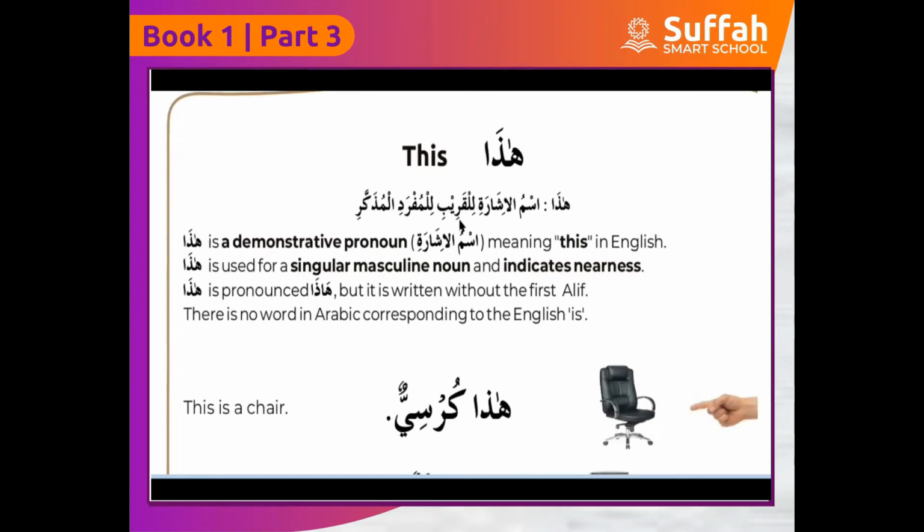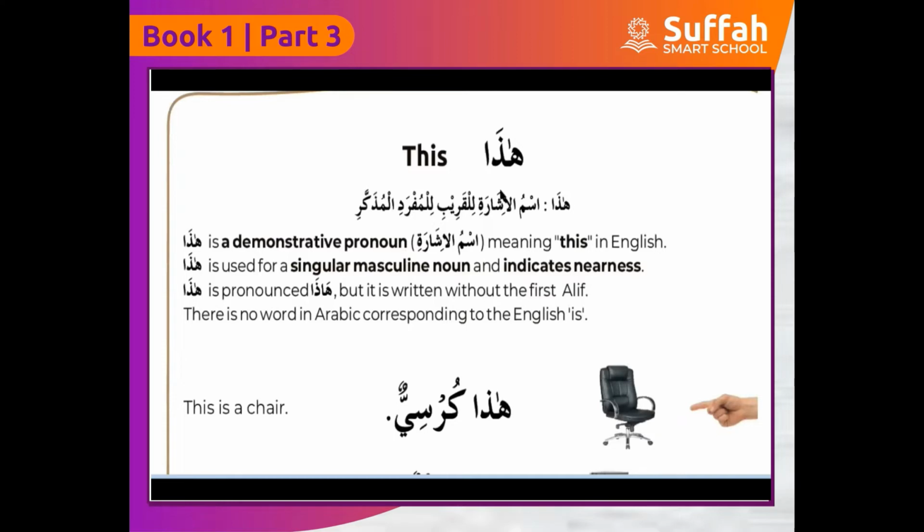In Arabic, we call it Ismul Ishara, and in English, it is demonstrative pronoun.